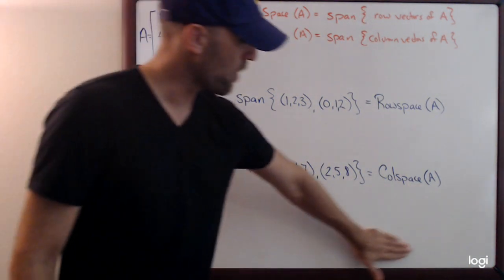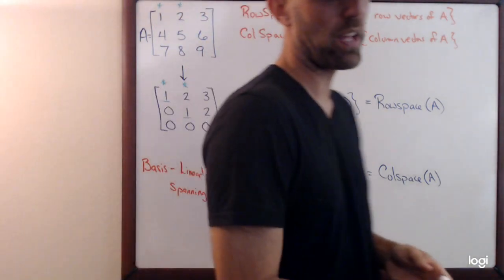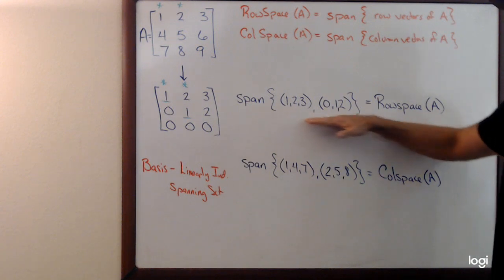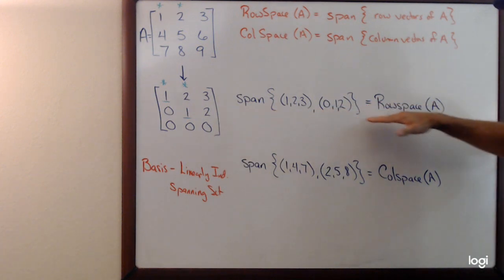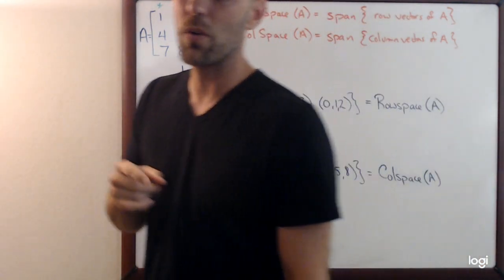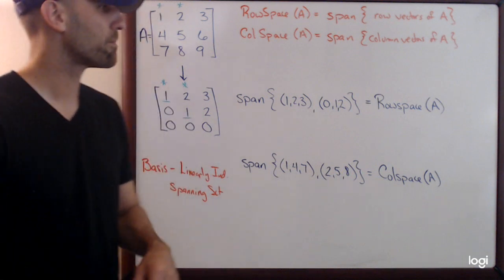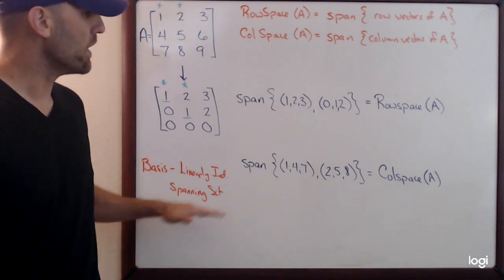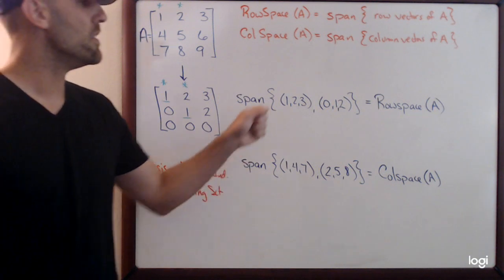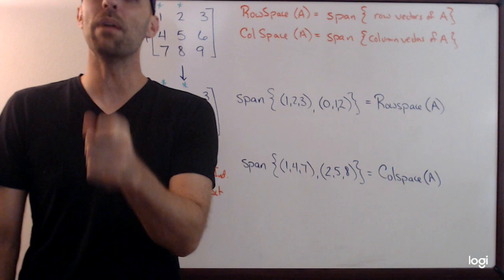Now, I can go one step further and start thinking about the geometry of these things. I know that these are linearly independent. The span of these things is my row space, but because of that, I can tell you how many dimensions my row space is. When your set is linearly independent, the number of elements in your spanning set is the same as the dimension.